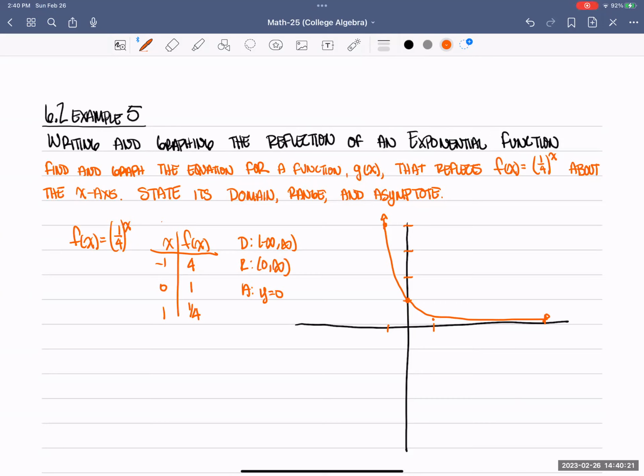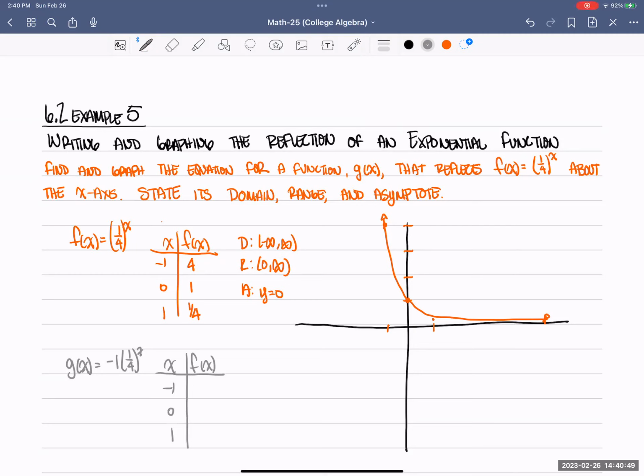And here for g of x, we want it to be reflected about the x-axis. So we just throw a -1 in front of it. So -1 times (1/4) raised to the power x. And let's use the exact same values: -1, 0, and 1.